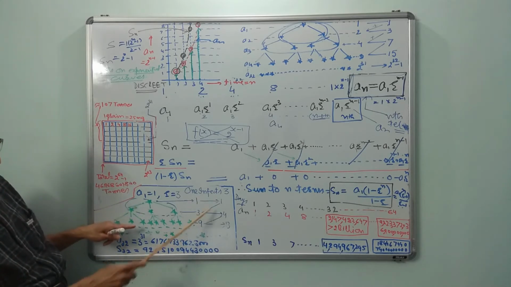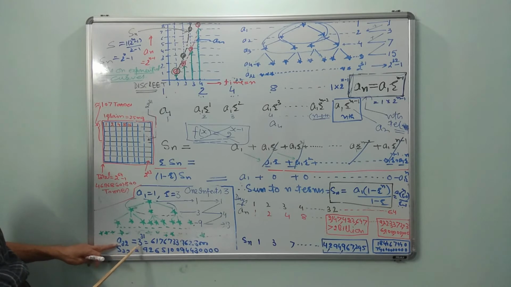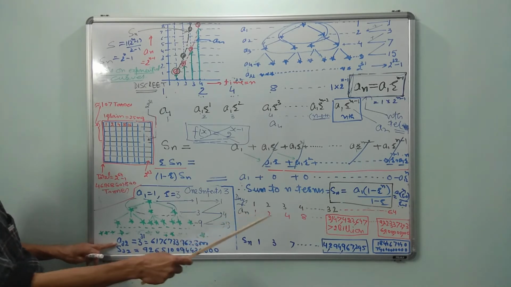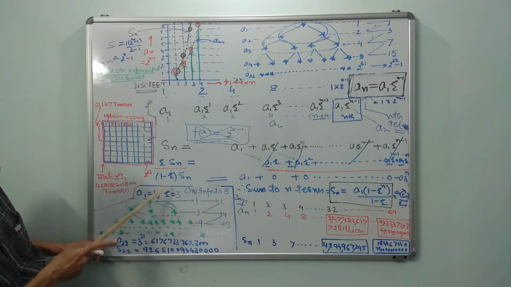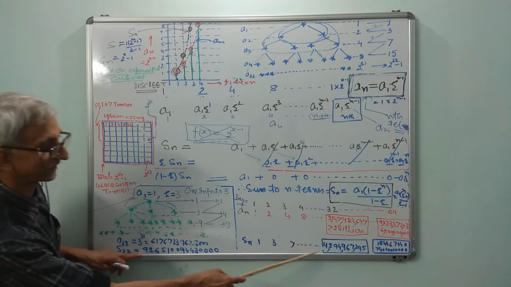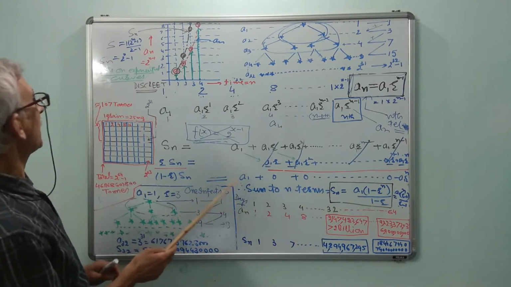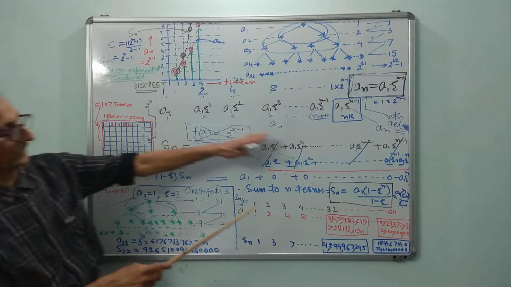So 1, 3, 9, and so on. In this way, A32 will come out to be a very large amount, much larger than that, because each person infects 3 people. In the same way, the sum to 32 days will become extremely large, larger than this value. And I may just plot a graph of all this.